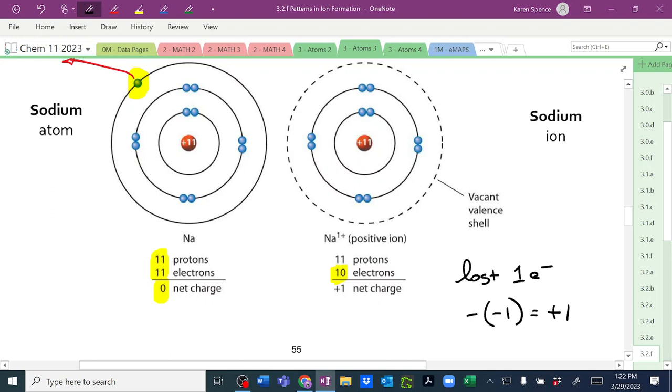And so that means that our symbol for sodium now is going to be Na plus. We don't have to write the 1. In fact, we normally don't. If it's just a plus, it means +1. And what happens to the name? Sodium, oh, it just stays as sodium.